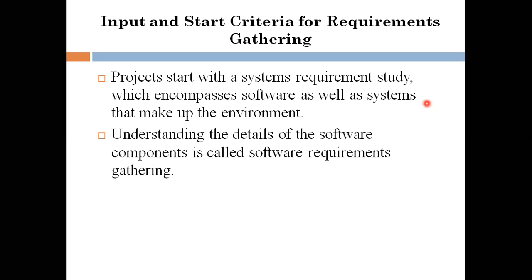In project planning and tracking, we talked about the different components of project planning and tracking. We focus on five things: what, when, how, by whom, and when.